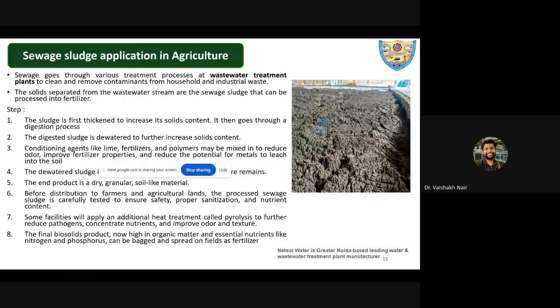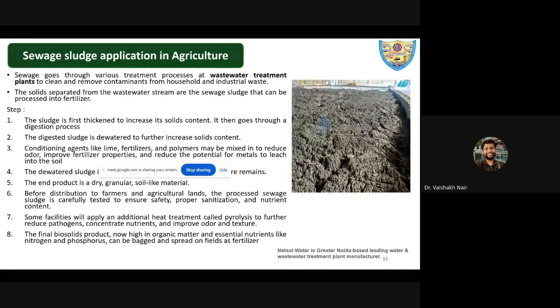This digestion, depending on what type of sludge it is or what its composition is, can be biological digestion or chemical digestion. Generally this is done to reduce pathogens, because this is organic, so there will be a lot of pathogens present. Chemical methods treat other chemicals, for example chlorine-based compounds.